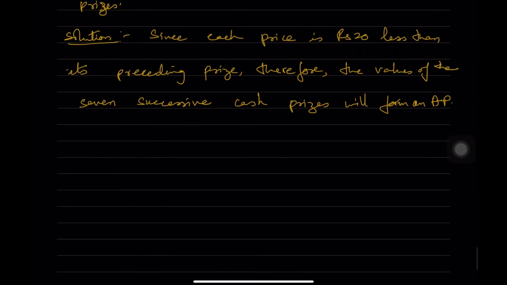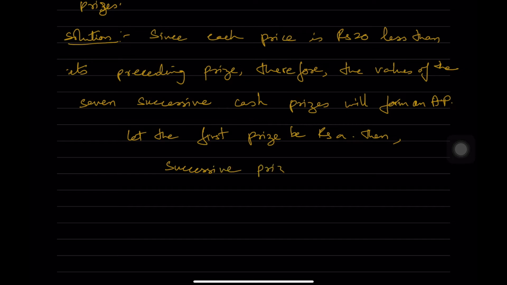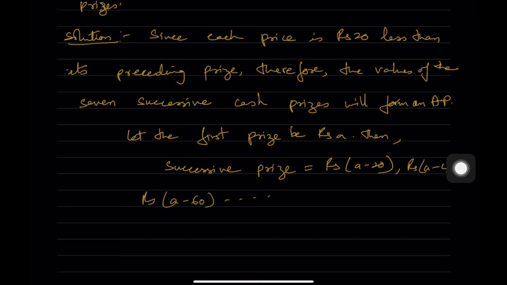So let the first prize be rupees A. Then the successive prizes are equal to rupees A minus 20, rupees A minus 40, rupees A minus 60, and so on.